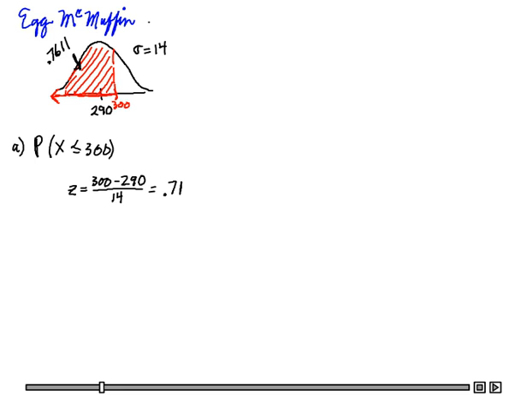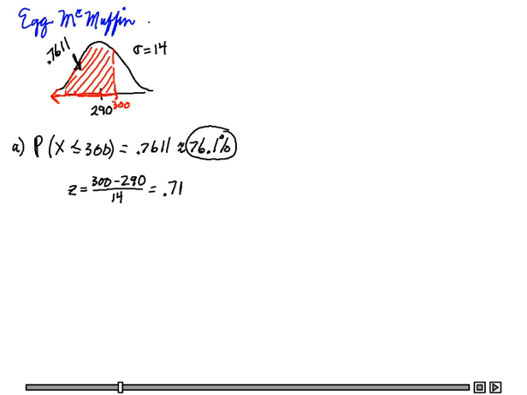That's the 0.7 row and the 0.01 column combined together to get 0.71, and the probability given in the table is 0.7611. And since the table reads to the left, and that's exactly the probability I want, this is going to be 0.7611, or approximately 76.1%. So what's the probability of a particular serving contains fewer than 300 calories? There's a 76.1% probability of that happening.